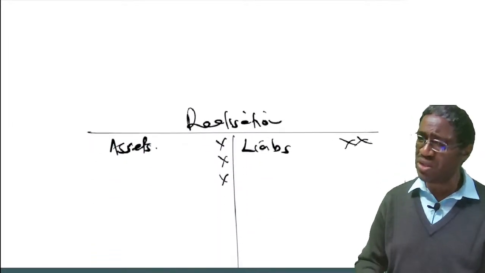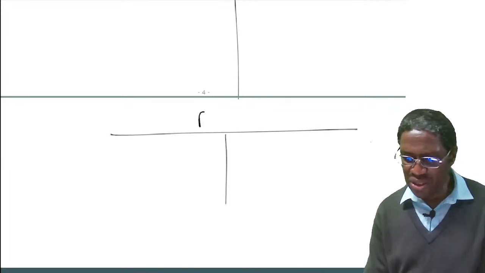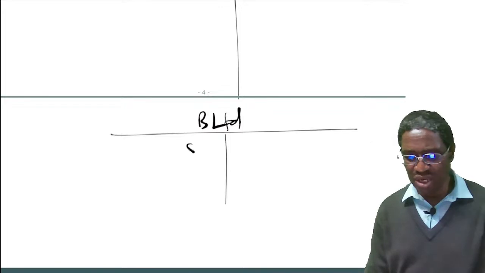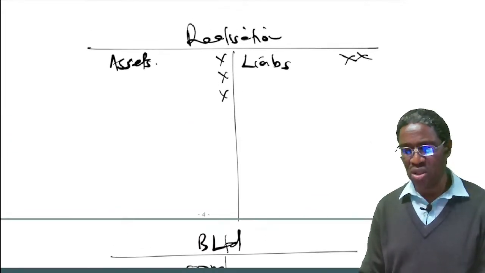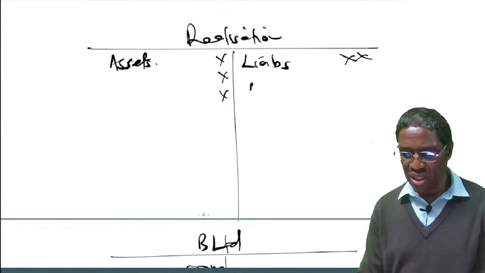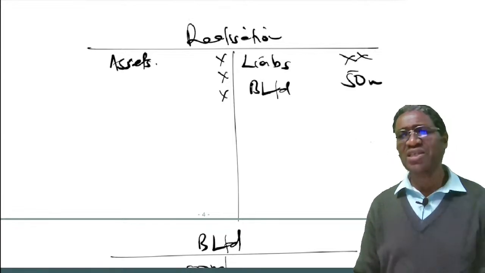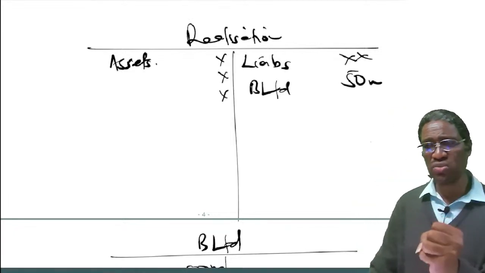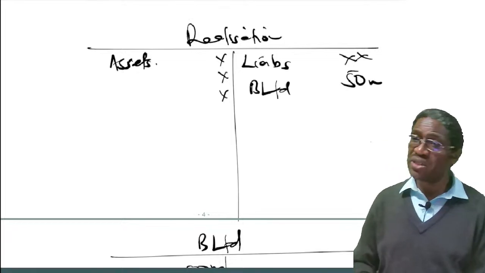So step number three says, with the purchase consideration, whatever it is, you will debit the purchasing company, which I'm referring to as company B Limited, by that 50 million, and you will credit realization. That's our step number three, which says with the purchase consideration, you debit the purchasing company, you credit realization.